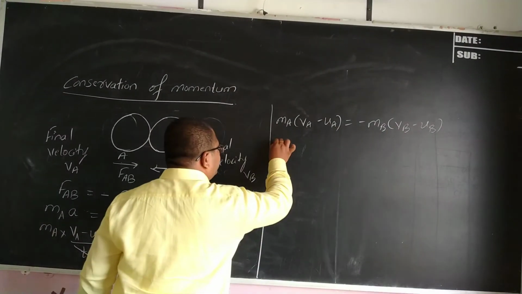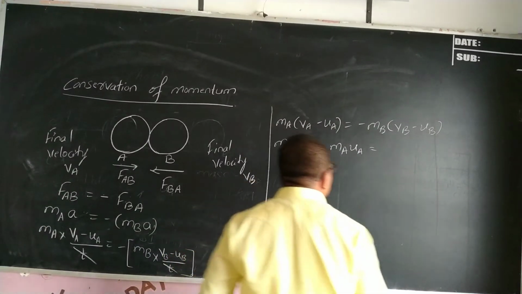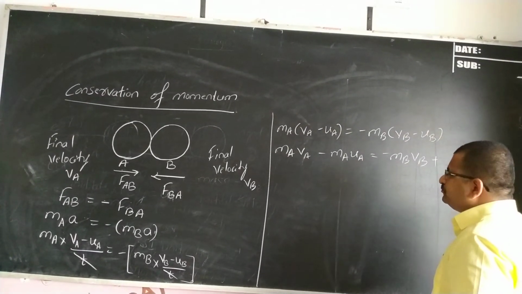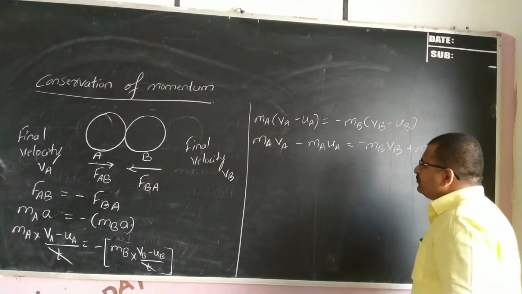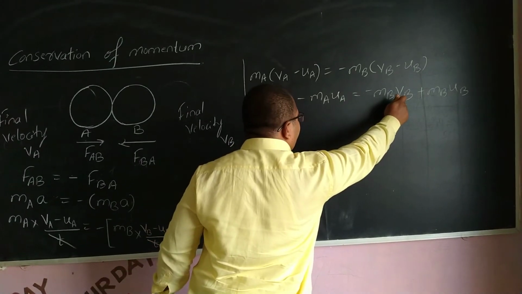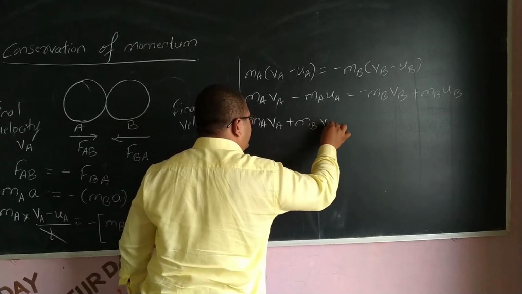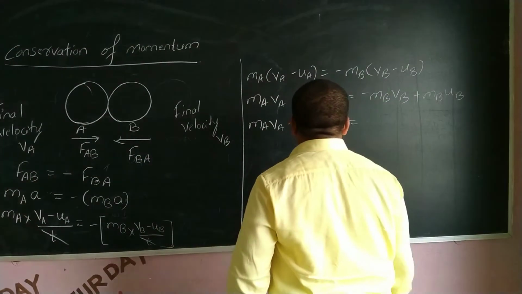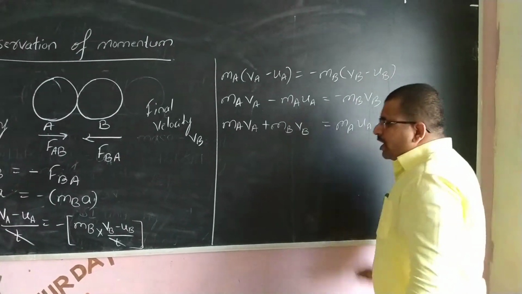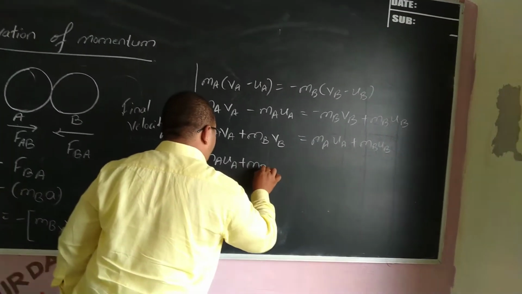Let us multiply: mA vA minus mA uA is equal to minus mB vB plus mB uB, since minus into minus is plus. Now I take the final momentum to the left hand side, mA vA plus mB vB, and the initial momentum to the right hand side, mA uA plus mB uB.